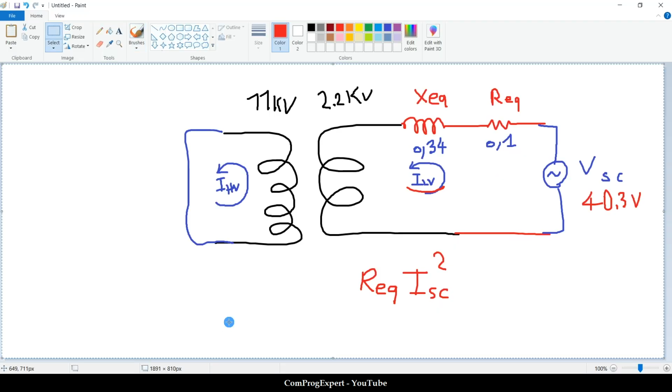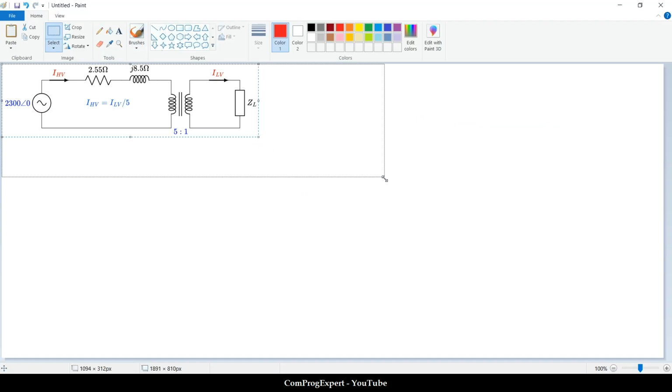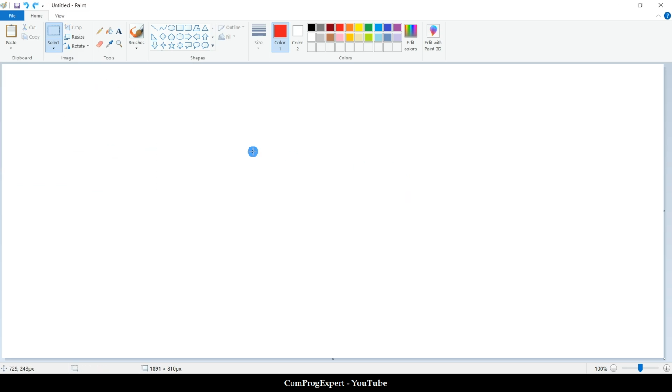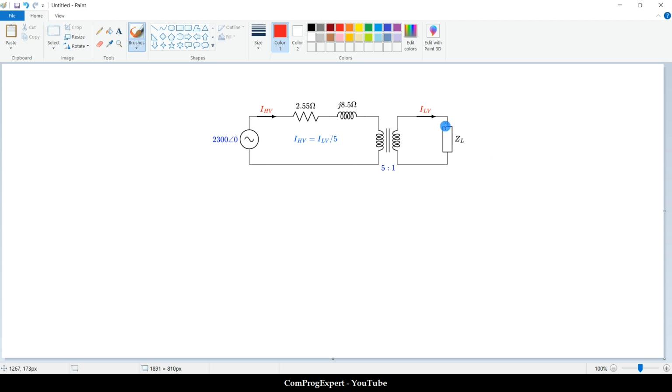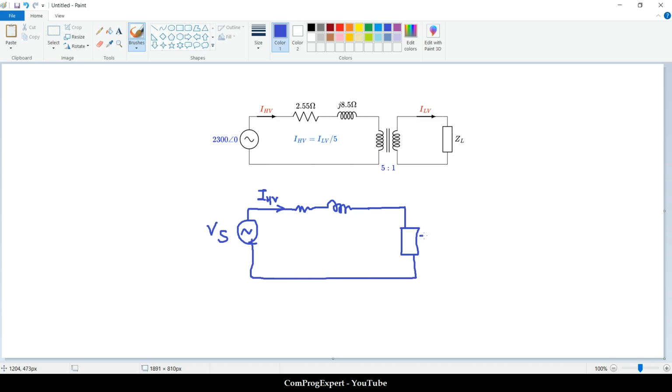Let me copy this. We can transfer the quantities to the primary side. So here we will have this circuit. This is the supply voltage Vs, the high voltage current I high voltage, the resistance, the leakage reactance, and this is ZL prime.